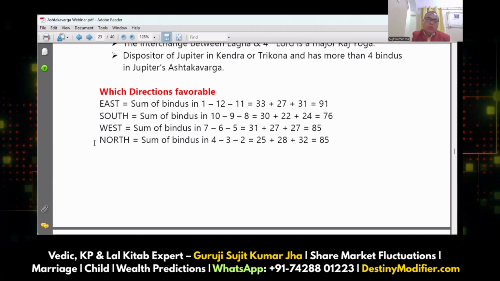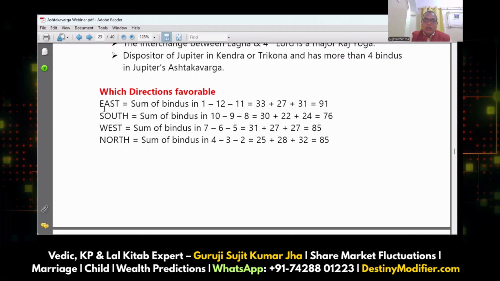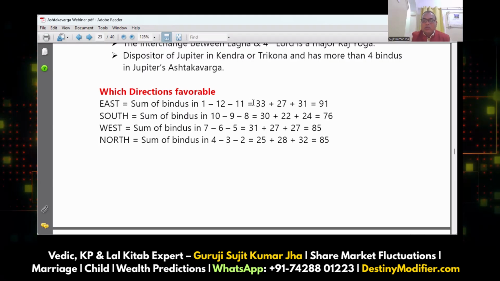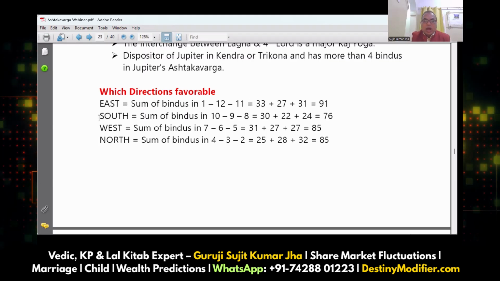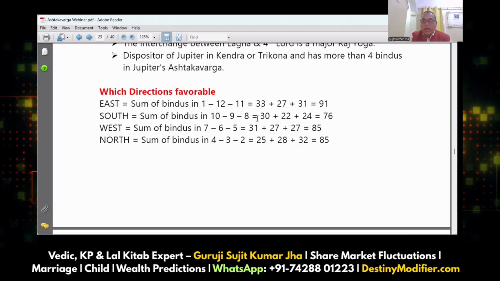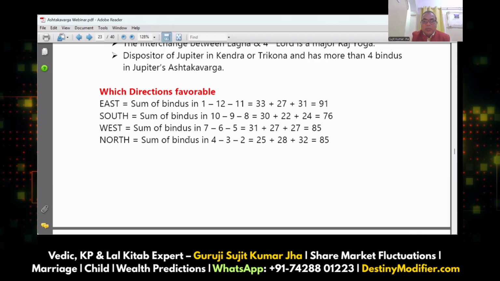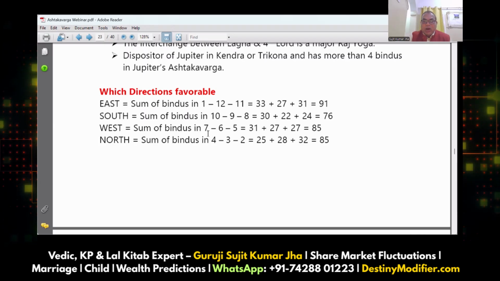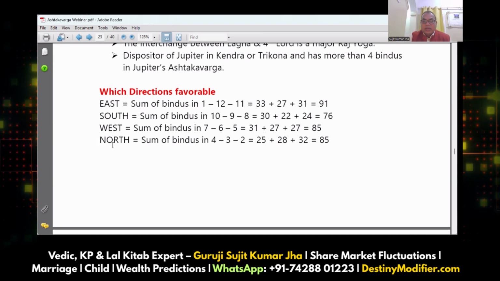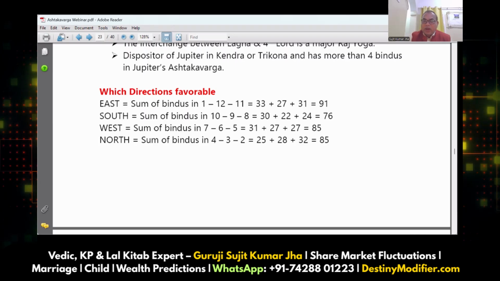Same way, we can calculate the directions. East direction, sum of bindu in the first house, 12th house, 11th house, is 91. South direction, 10th house, 9th house, 8th house, answer 76. West direction, sum of points in houses 7, 6, 5, is 85. North direction, 4th house, 3rd house, 2nd house, is 85.